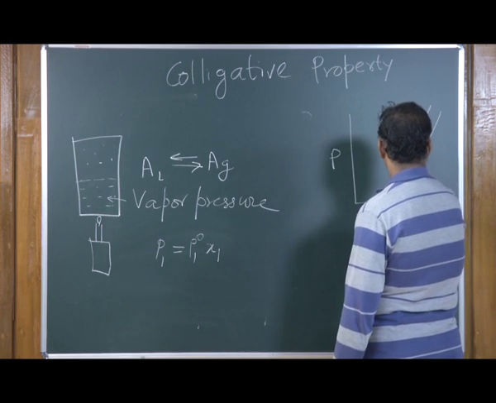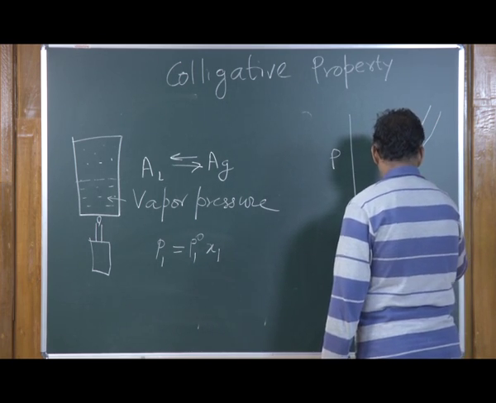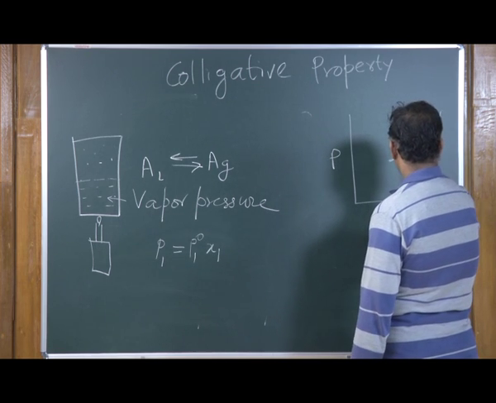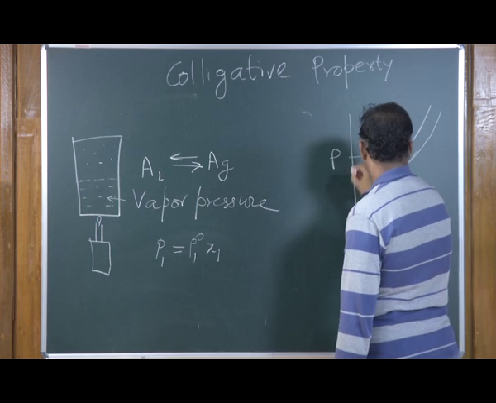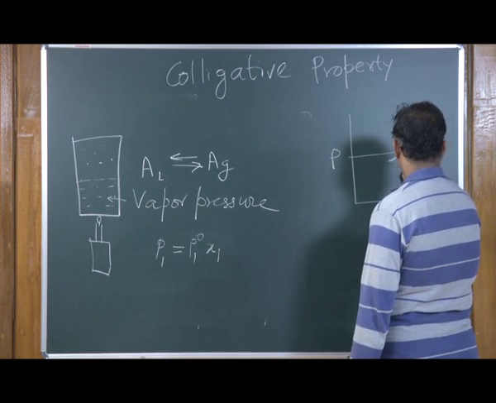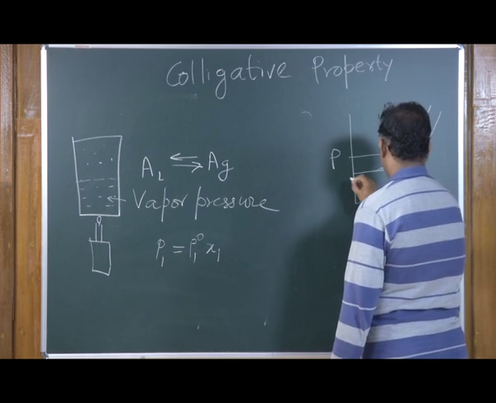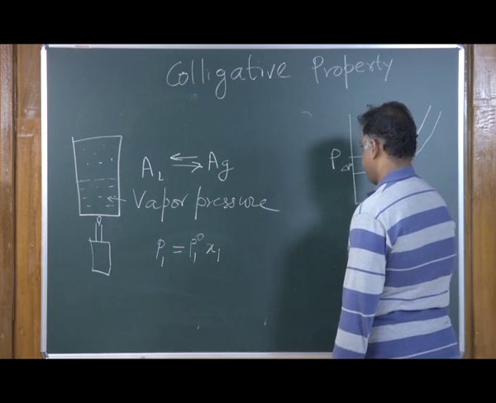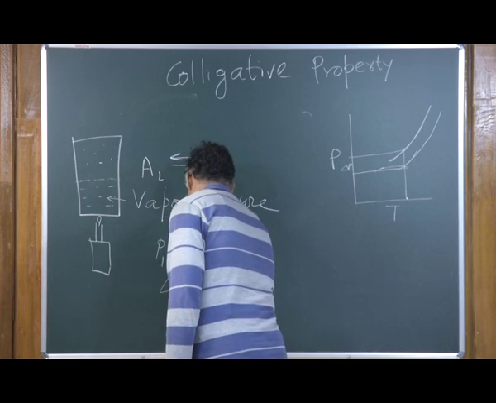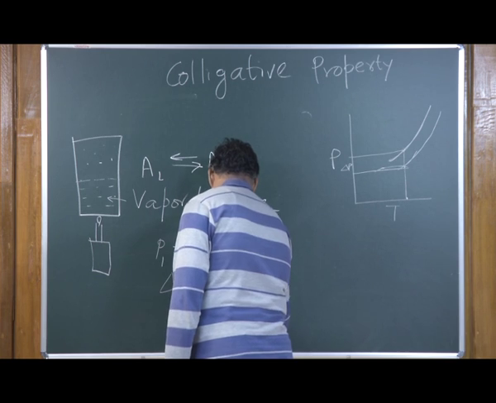So, let us say I was at this temperature. For pure solvent, this is the vapor pressure. As I added some solute, now the new vapor pressure is this, and this is basically delta P, where delta P we have just defined as P1° X2.